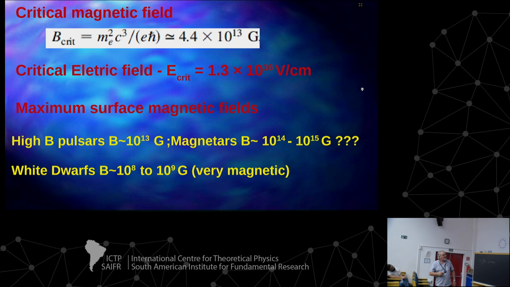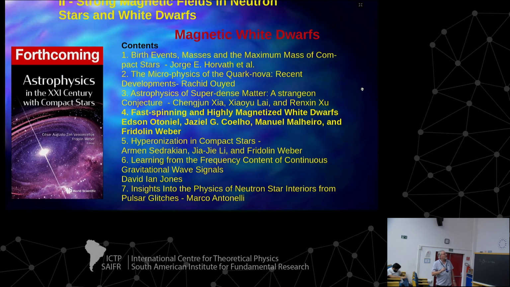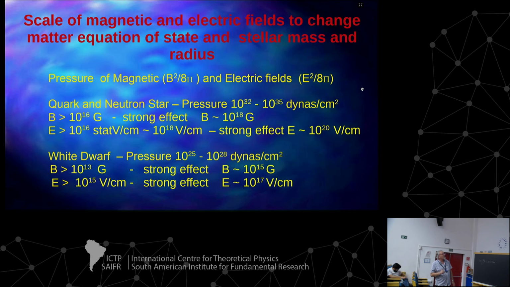And so they found an isolated white dwarf with a 30 second period that is almost breaking, because it breaks at 2 or 3 seconds of period, with very high fields. So they have found a lot of things. But see, 10 to 9 compared to 10 to 13 is still very far.